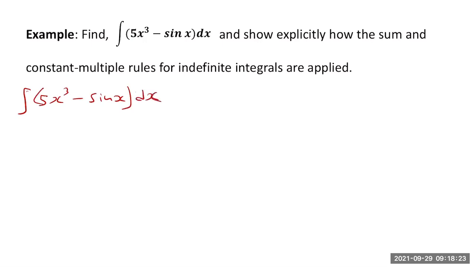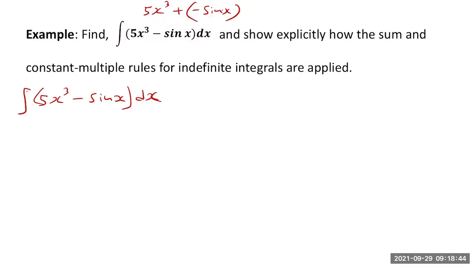You can view this as a summation. This is nothing but 5x to the power 3 plus minus sine x. That means this is a summation of two functions, 5x cubed and minus sine x. If you add these two functions, you get this.